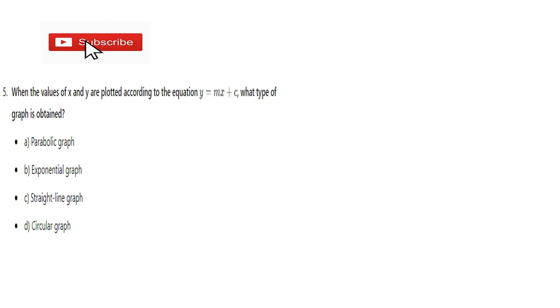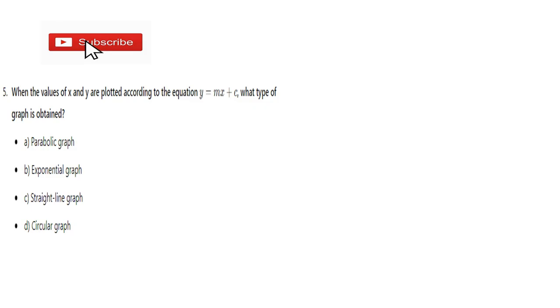This one says, when the values of x and y are plotted according to the equation y equals mx plus c, what type of graph is obtained? When you plot an equation of x and y using this equation, what type of graph is obtained?